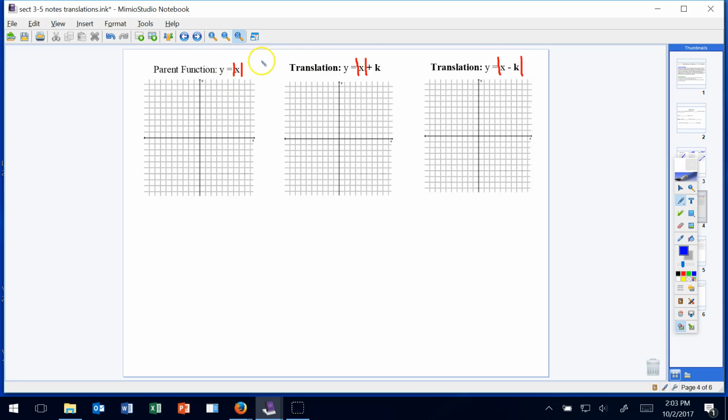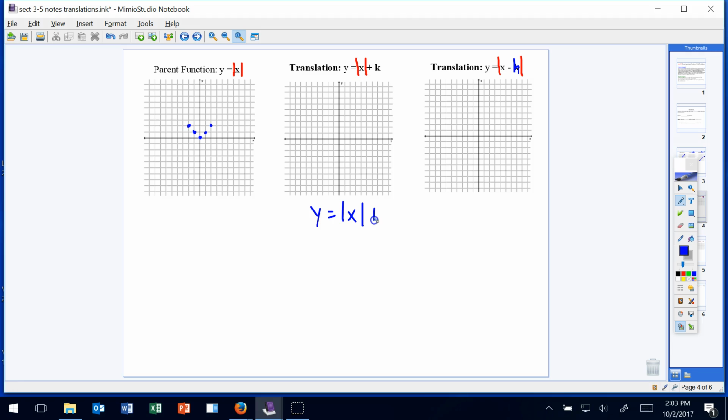And that's really pretty much all you have to worry about. When it comes to absolute value, the absolute value V, the parent, of course, looks like this. And my first example here, where I've got this number k that is outside of the absolute value walls, that indicates a vertical shift. So it's like taking this absolute value parent V, and we'll just do an example.